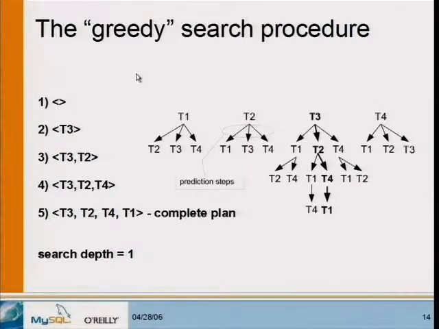Basically, we extend each plan of one table with all possible other tables, and we estimate the cost. Suppose that of all these extensions, the plan with the minimum cost is T3 and T2. Then we say, okay, our first table is T3, because it has the best possible extension with depth only 1. So we select our initial plan to be T3.